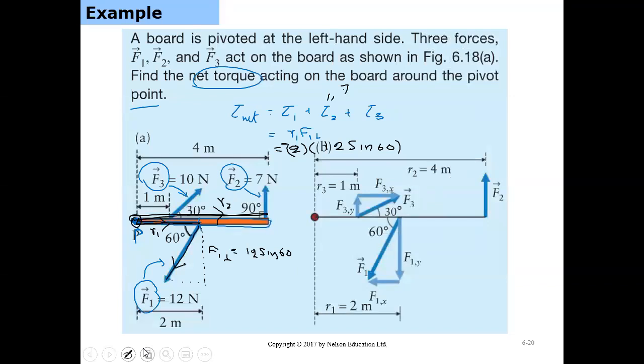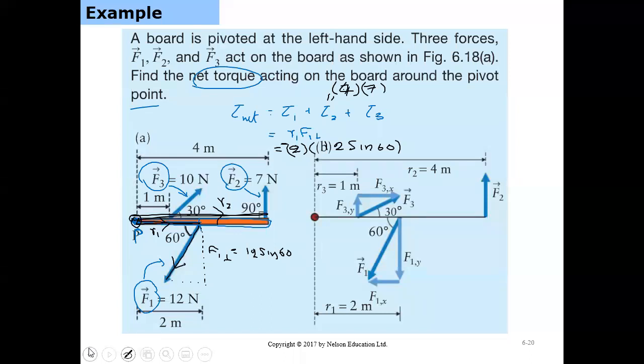So the perpendicular component is the total force. The force is already perpendicular to R2. So sine 90 is equal to 1. So this force will be just, R is equal to 4 and the force is equal to 7. And sine 90, that is 1. Is it positive or negative? Positive. It is trying to rotate it, not because it is up.